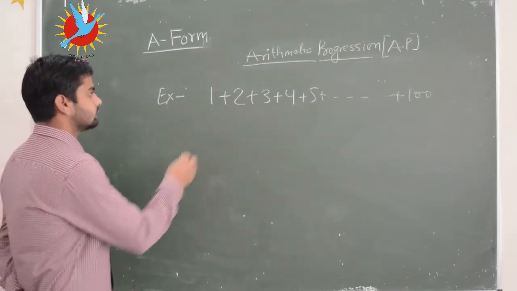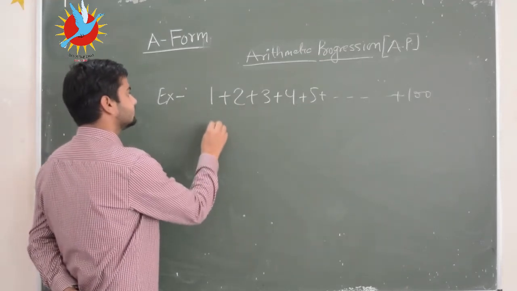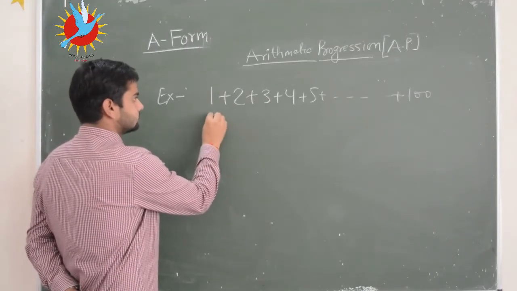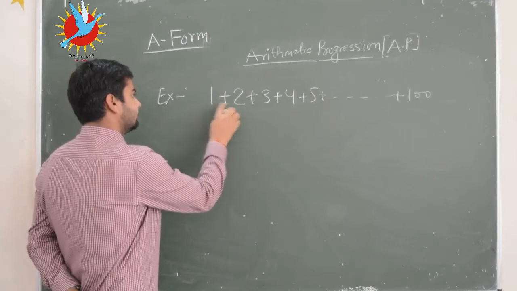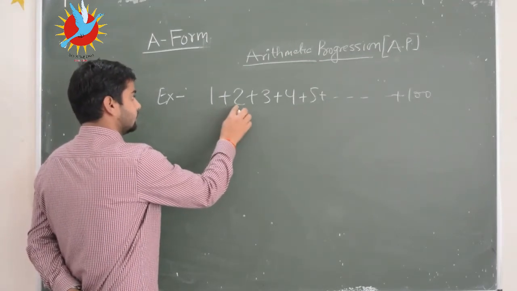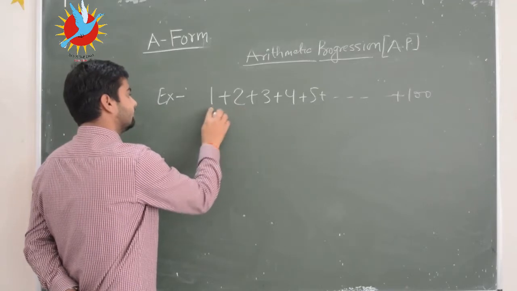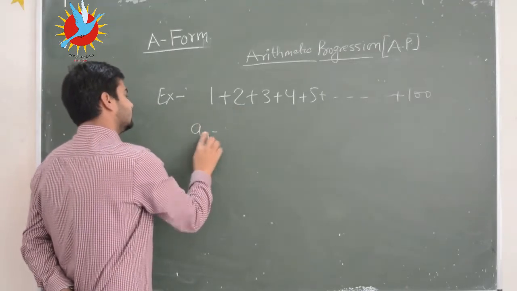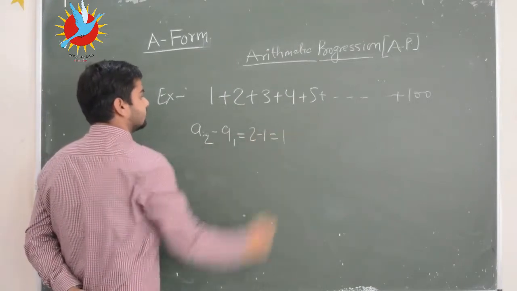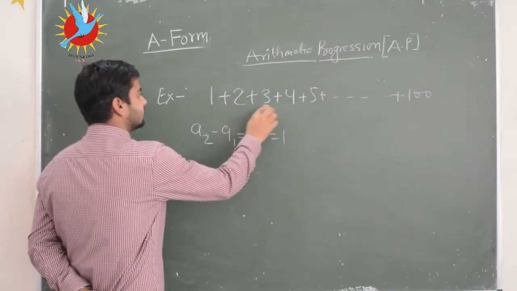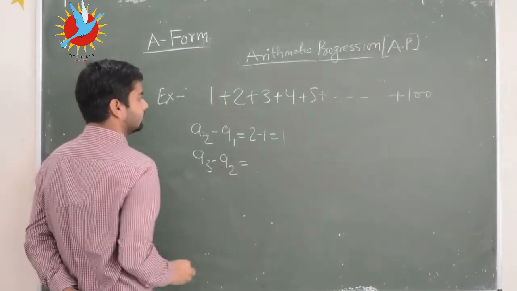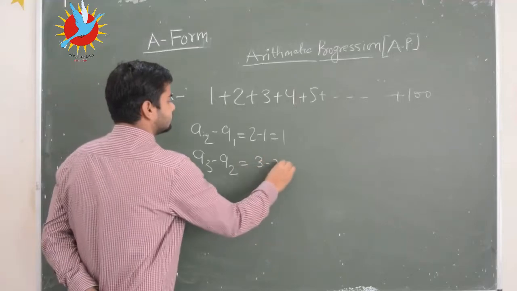First of all, just check whether this sequence is an AP or not. If we take the difference between consecutive terms, a2 minus a1 is 2 minus 1, that is 1, and a3 minus a2 is 3 minus 2, that is 1.